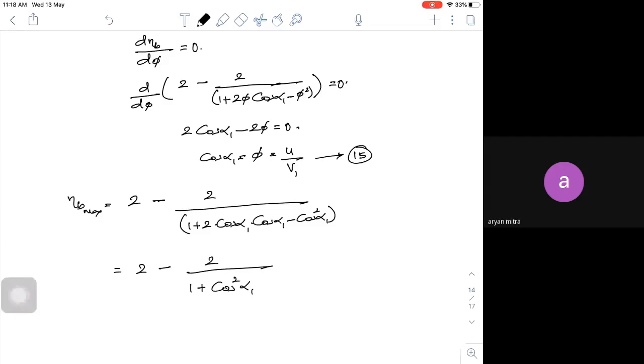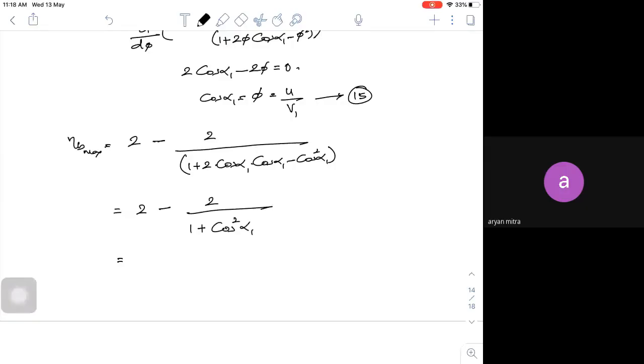Further simplification gives 2 into 1 plus cos square alpha 1 minus 2, divided by 1 plus cos square alpha 1.